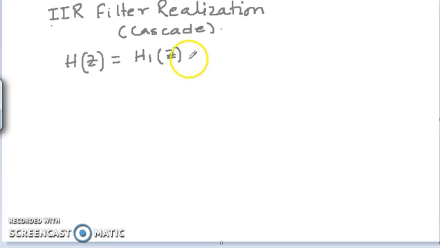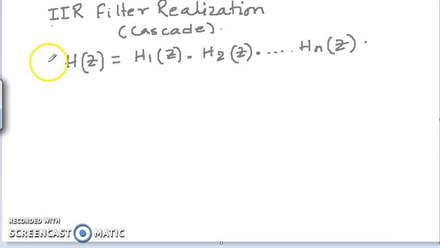Then we put them in series, which means they are in cascade or multiplied form. So cascade realization is nothing but taking these in several factors.